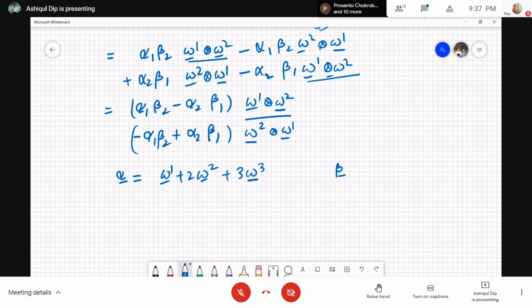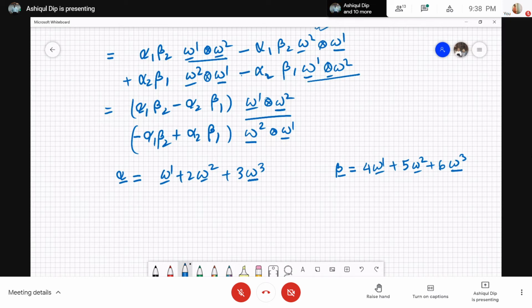I'm just trying to see it clearly. Okay, 4, 5, 6. So what we have seen, alpha 1 beta 2 should be the negative of alpha 2 beta 1, right?